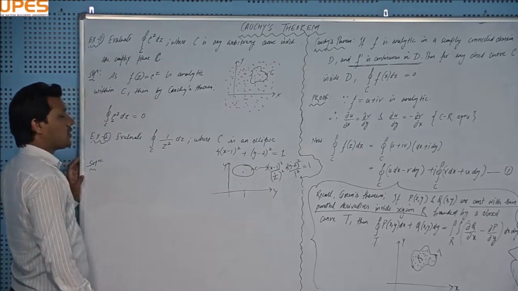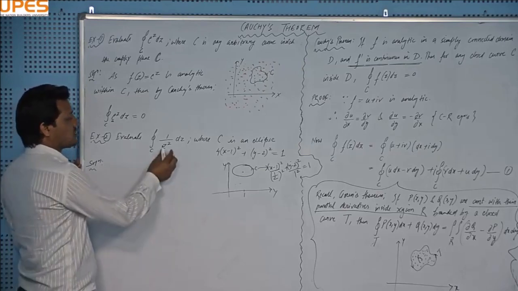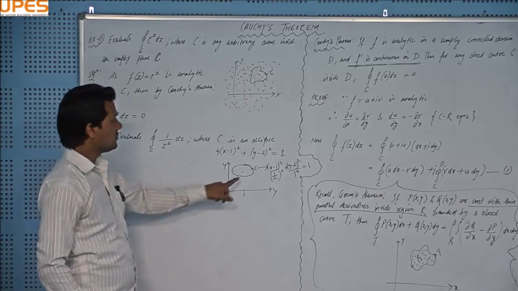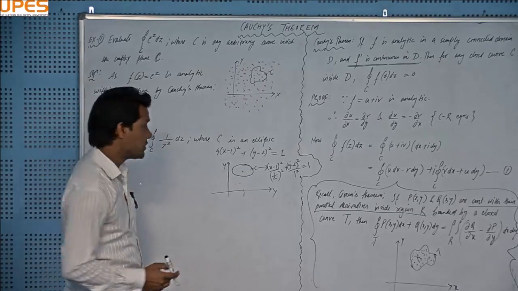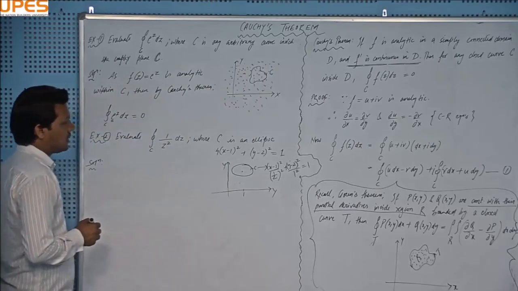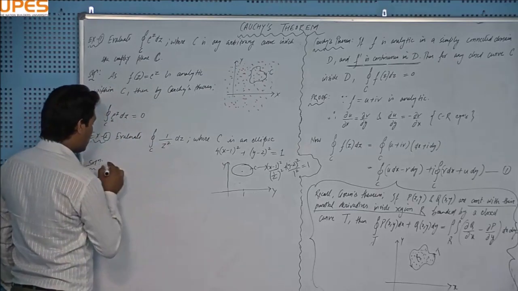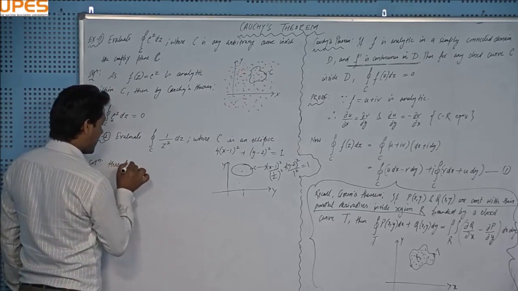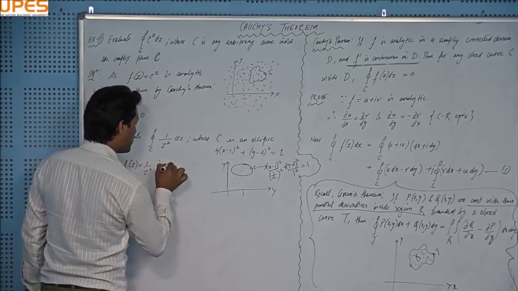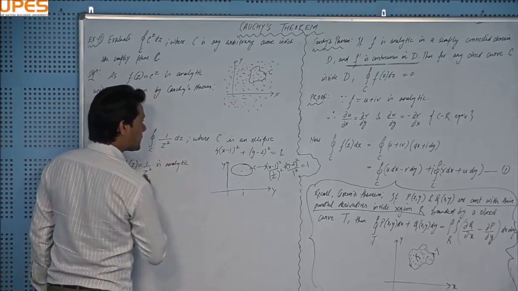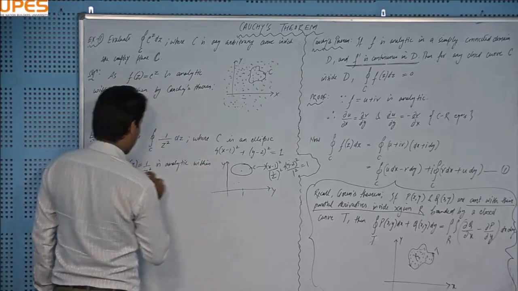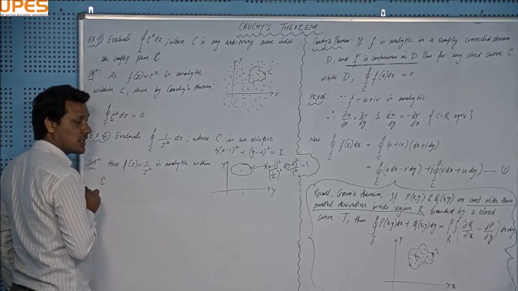Okay. And the important thing is that this function f(z), is it analytic within this contour C, right? This is your contour C, okay. And you can see that this function here, f(z) equal to 1 over z square, is analytic within C, right?